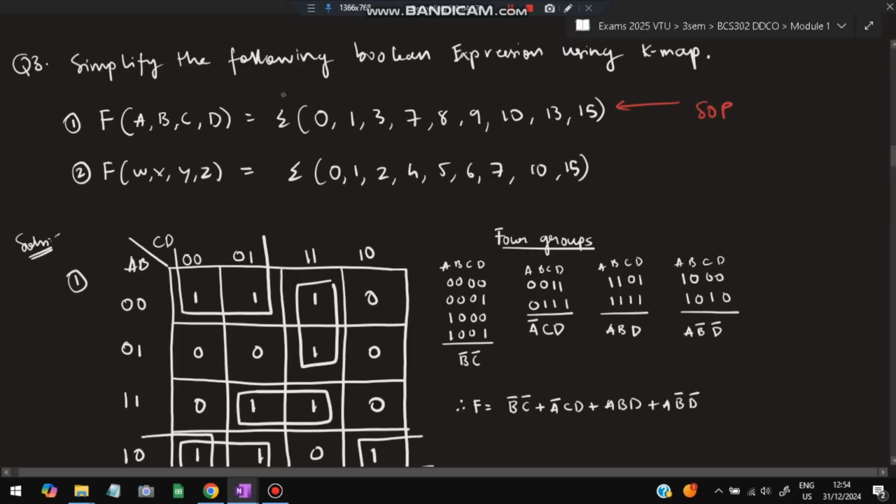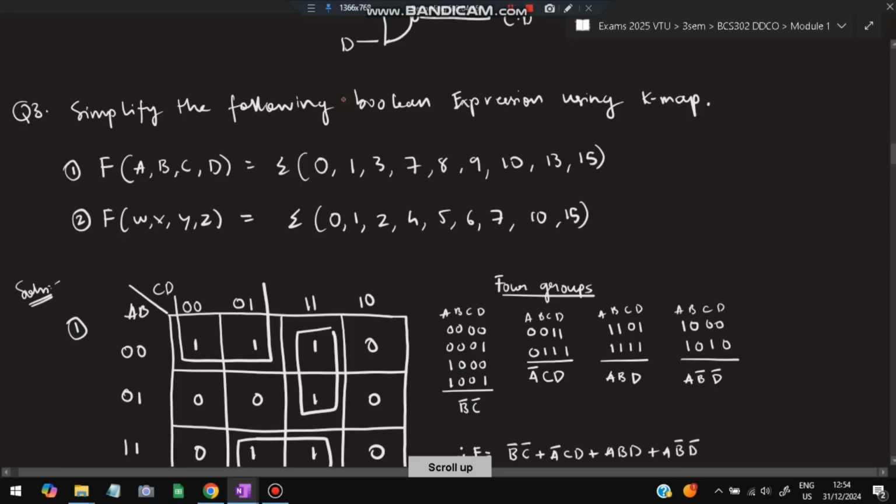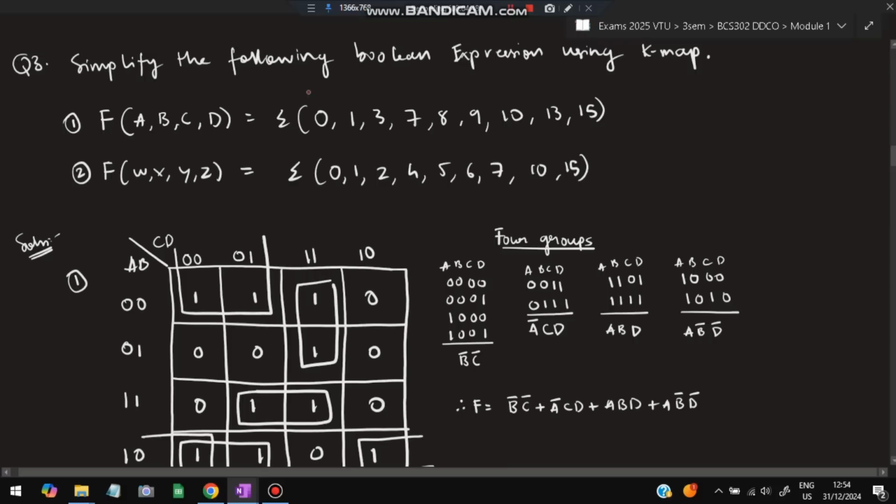Suppose that they give you the POS form, like 2, 4, 6, 5. How do you convert it into the equivalent SOP? You observe which numbers are present and which numbers are not present; that will be the equivalent SOP.